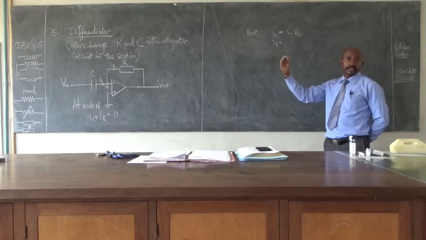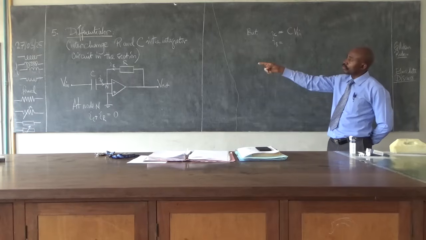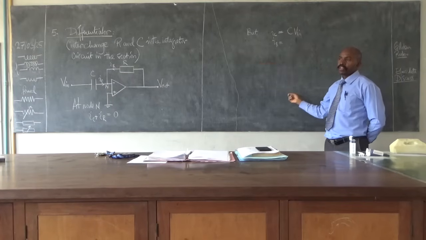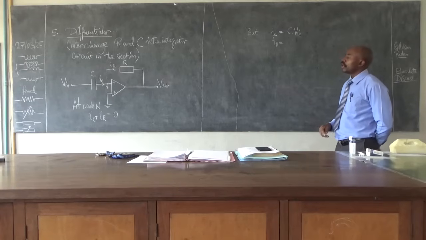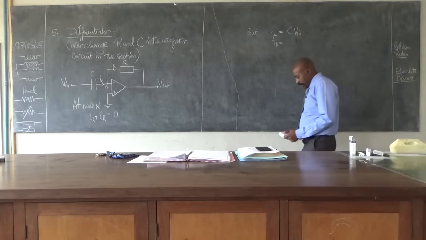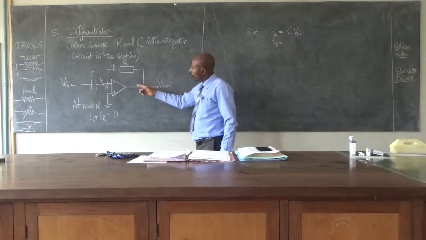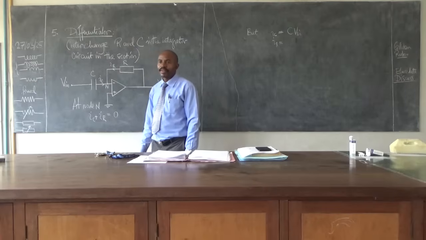The consequence of the infinite gain is the differential voltage being equal to 0, and the other ones gave us other benefits, whereby infinite input resistance would never have any current going in or getting out.